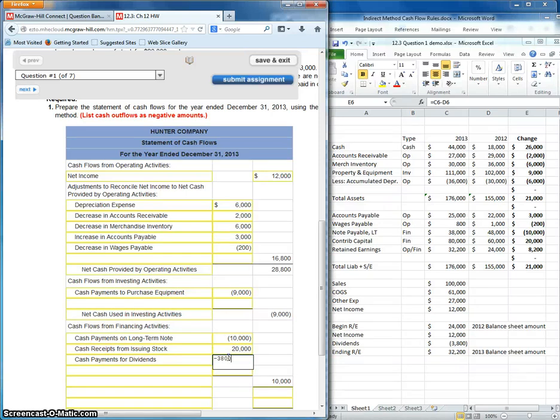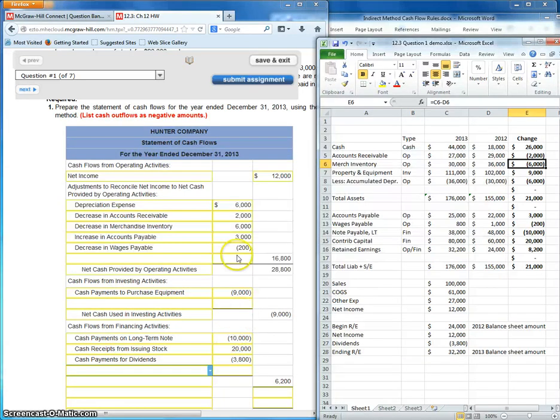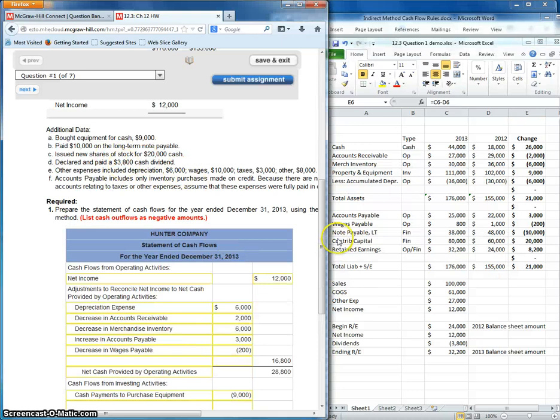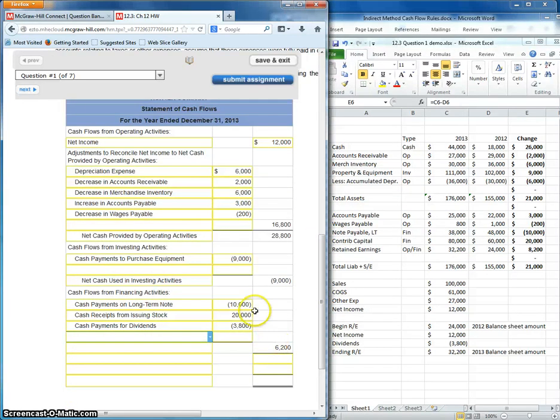Put it in as a negative amount. $3,800 is my cash dividend. So my financing net, negative $10,000 plus $20,000 minus $3,800 equals a positive $6,200. That total there is going to be net cash provided by financing. It's positive, so the financing activities gave us cash. That's a positive number, provided by. If it was negative, you would use used by.